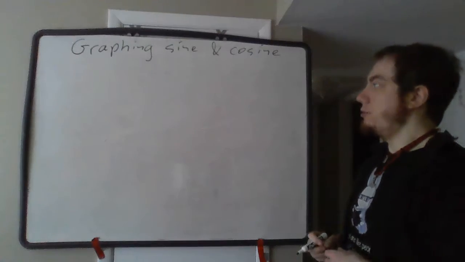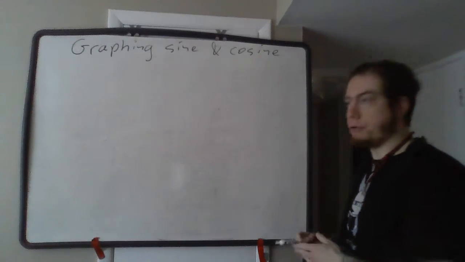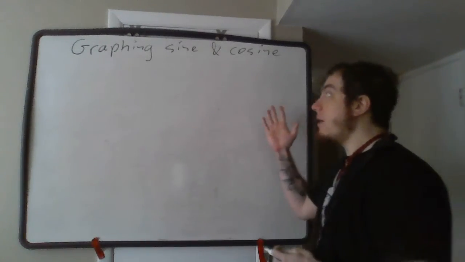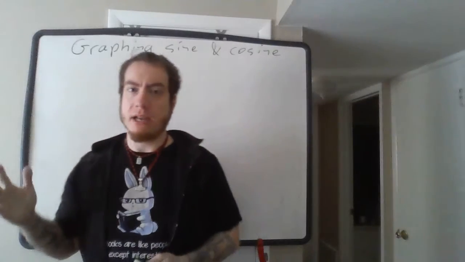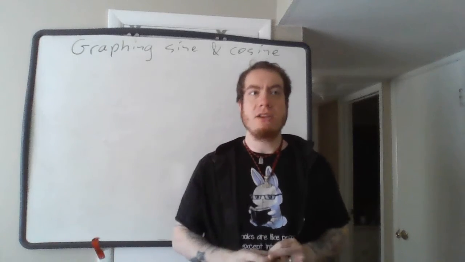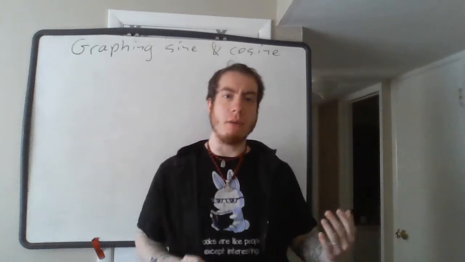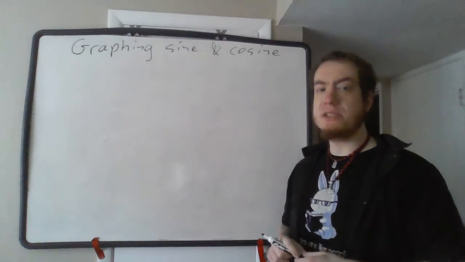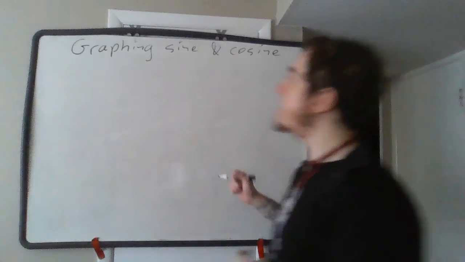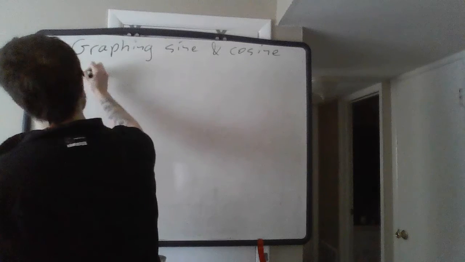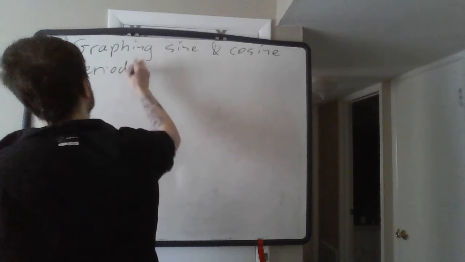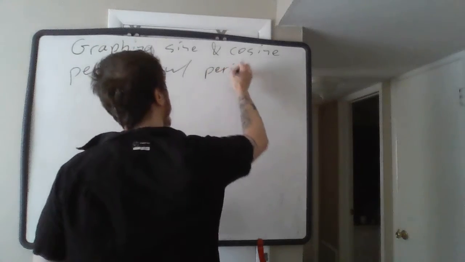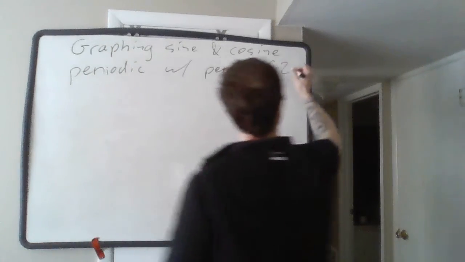So, just like any other function, you can do any transformation that you want to with sines and cosines. It turns out that the properties of sine and cosine make them easier in some ways to deal with these transformations. The reason is that these are periodic, and they have a period, if you remember, of 2 pi.